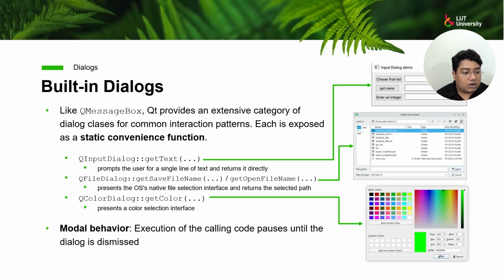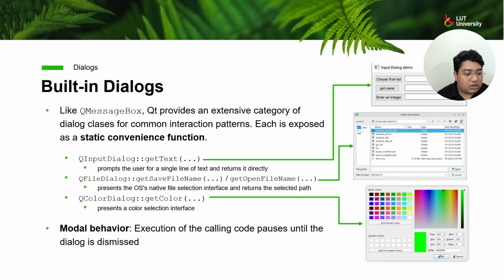Now, earlier we displayed a simple message box. Qt actually provides many more ready-made dialog windows. For example, suppose we want the user to type a single piece of information. So instead of designing our own window, we can use QInputDialog, which is this one.